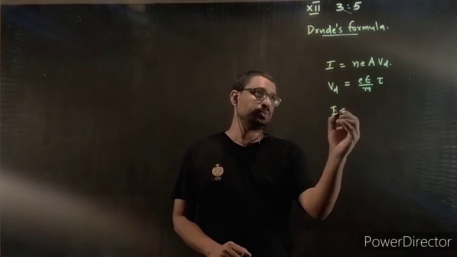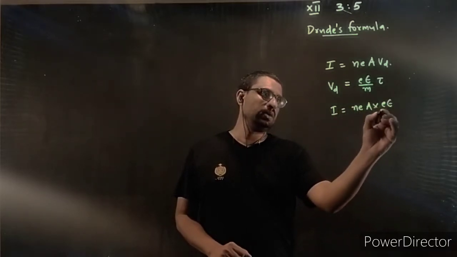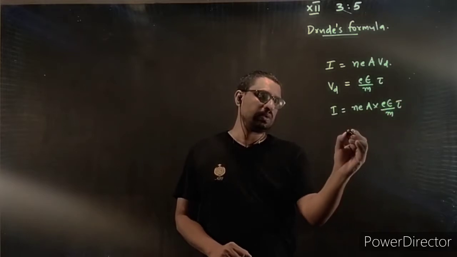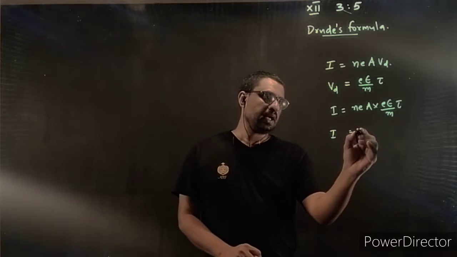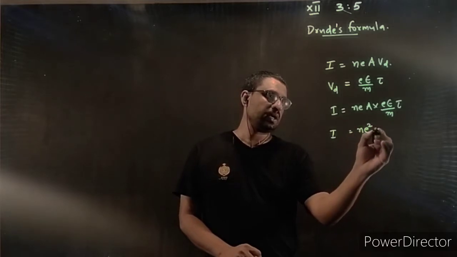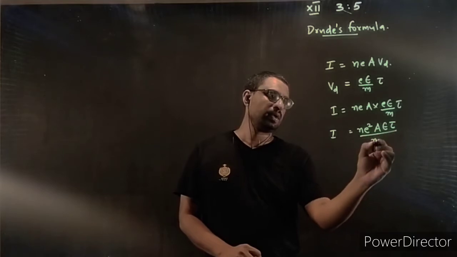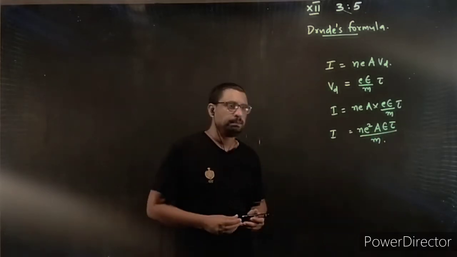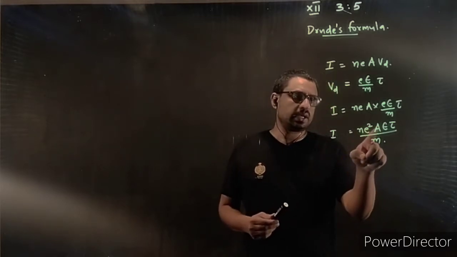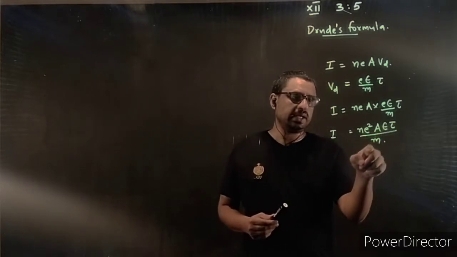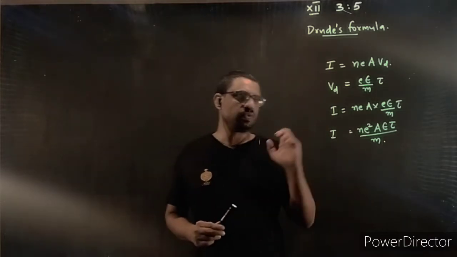So I equal to NeA into eE by m into tau. So what happens? I equal to Ne square A E tau by m. That's it. This is the equation for current.